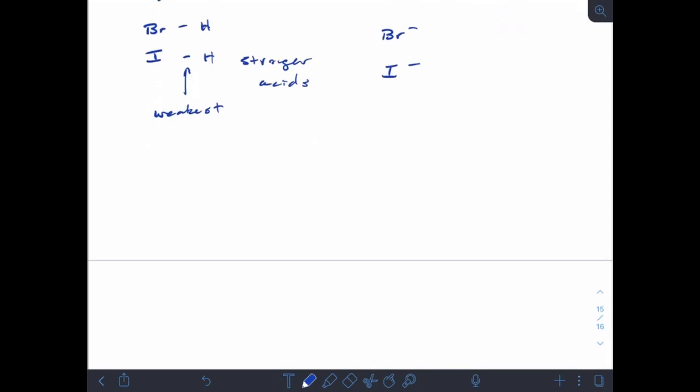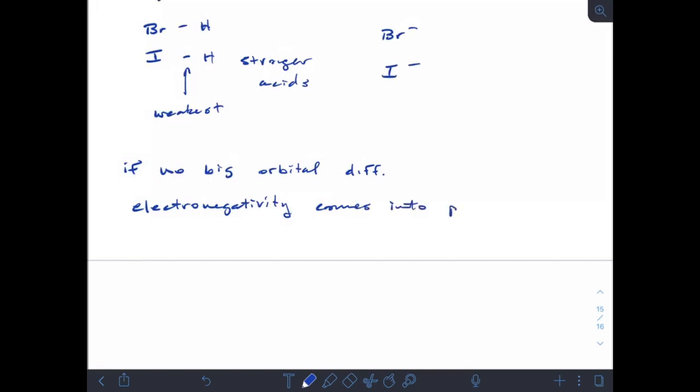If there's no big orbital difference, electronegativity comes into play. Remembering the trend in electronegativity on the periodic table, fluorine is the most electronegative, and as you move away from fluorine, things get less and less electronegative.